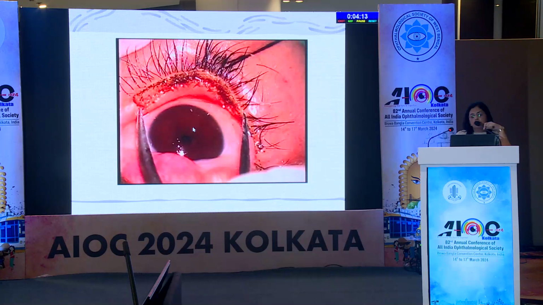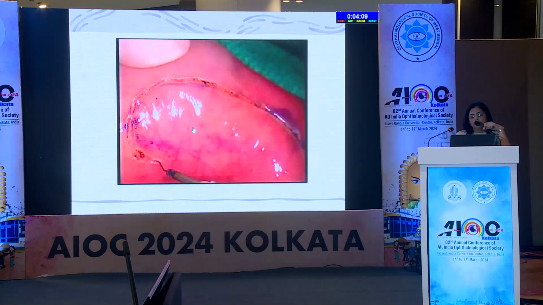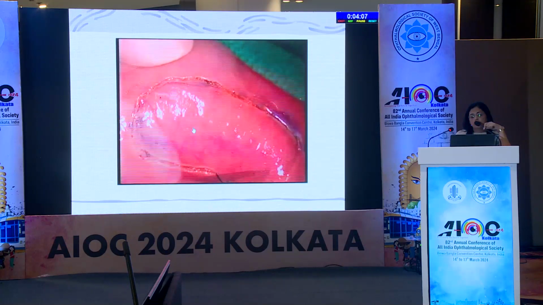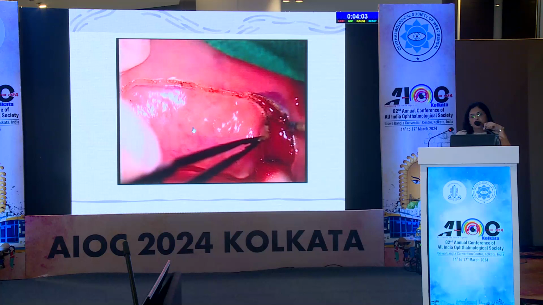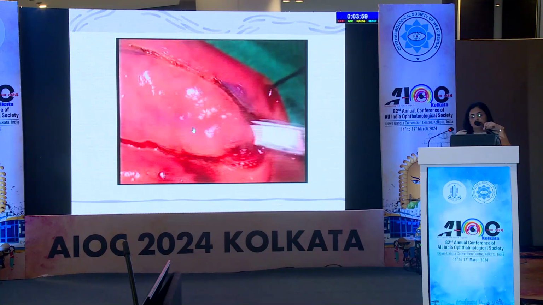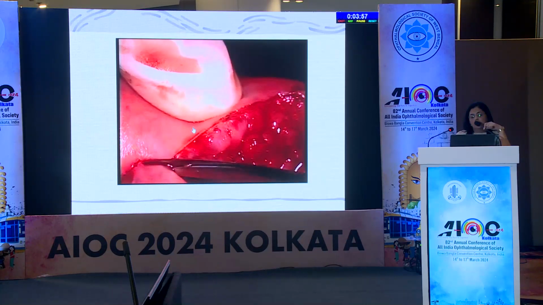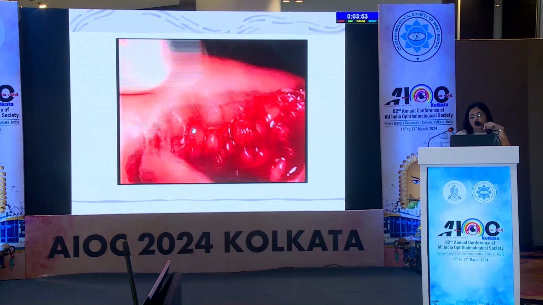So once we measure it, we take a slightly larger graft, about 10 to 15% larger, and then the lip mucosa graft. This can be undermined and sutured as the size of the graft is not much. And after thinning the graft, we cut it into two halves.